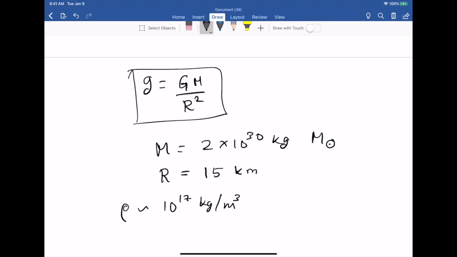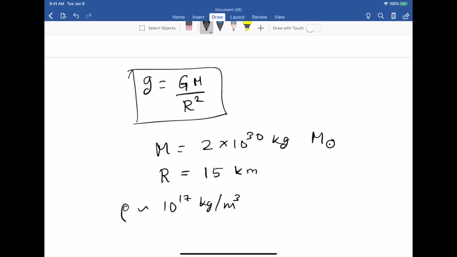Another analogy is if you have a tennis ball made of neutron star material. Just imagine taking a tennis ball's worth of neutron star material, and how much would that weigh?